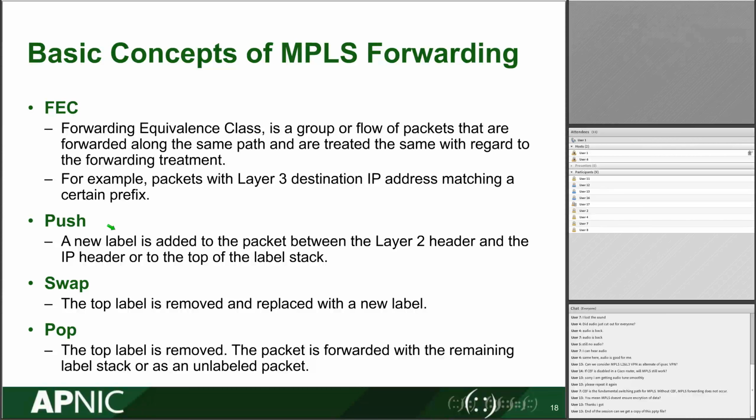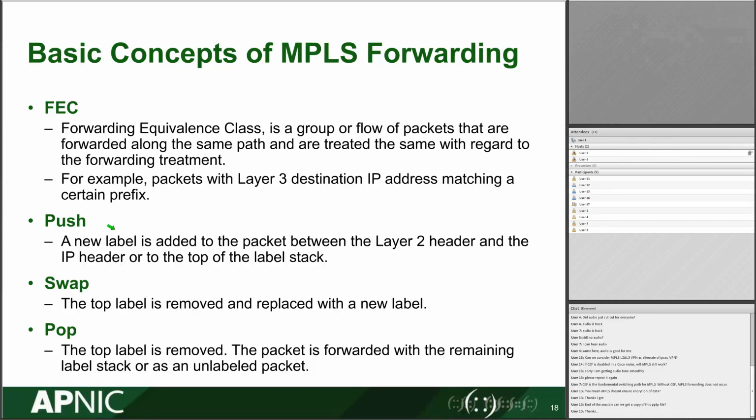And for push, a new label will be added. Maybe one new label, maybe two new labels. So you might have one IP packet sent from the customer edge to our service provider network, and then we will add two labels.